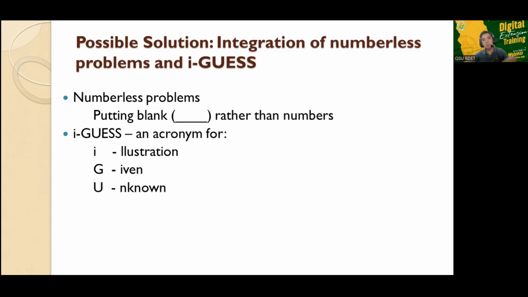So, meaning to say, this student might need to work on identifying first what this given represents, what this information is representing. Okay? U stands for unknown. Okay, so what is being asked in the problem? Because sometimes students are not able to solve the problem for the reason that they even fail to recognize what is being asked.